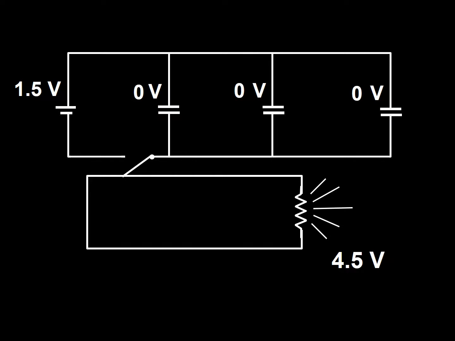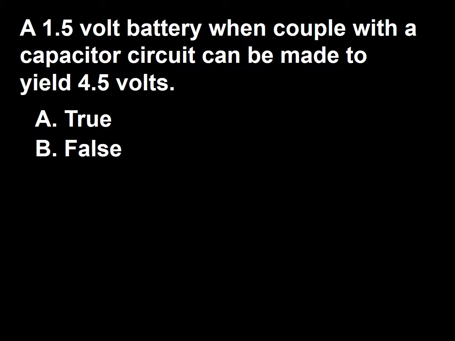In this frame, the parallel capacitor circuit switch is made to contact the resistor circuit. At this point, the voltage stored in all the capacitors discharges, becoming zero in a short amount of time and delivering 4.5 volts to the resistor. So the answer to this question is A.